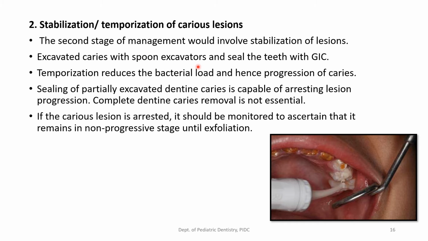Don't use your air rotor or burr, and just seal the tooth or the teeth with a glass ionomer cement. If you see here, this child has multiple carious teeth, and in this procedure, the operator is applying the GIC available in the capsule form to close all the caries that has been excavated.